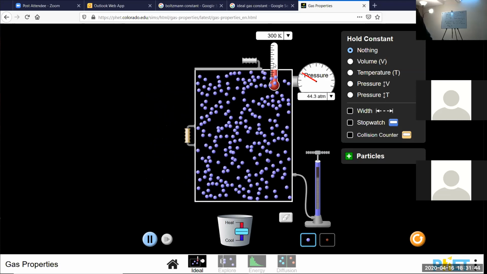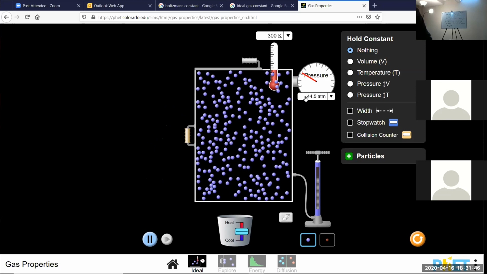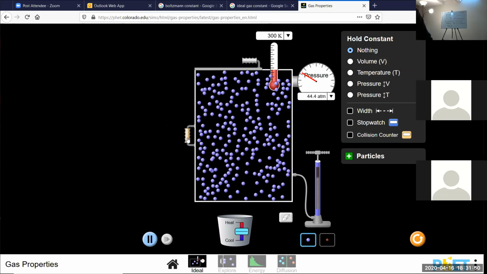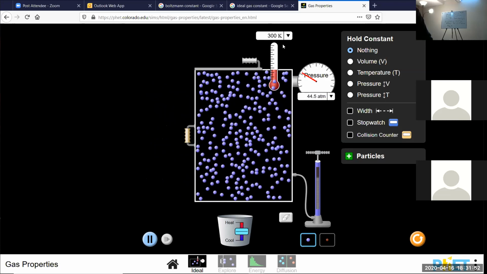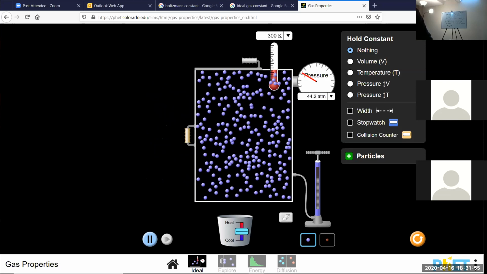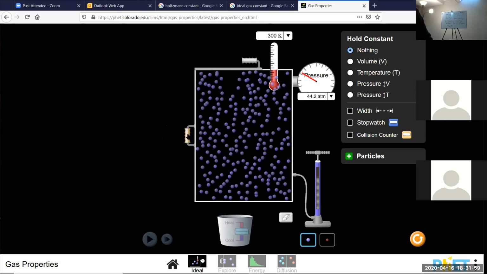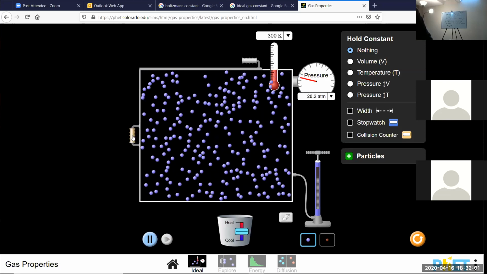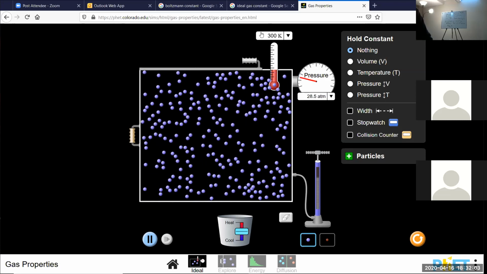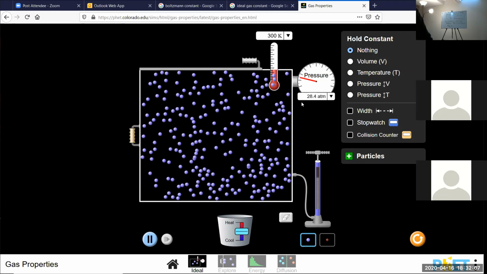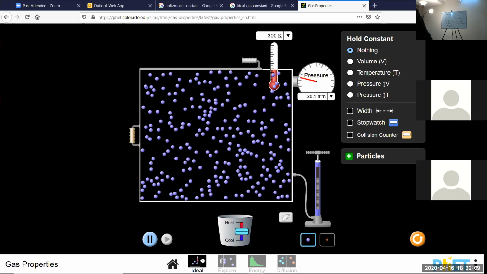In general, the total energy did not change because I had a higher pressure for my smaller volume, and the particles stayed at the same temperature. If I now allow it to expand, keeping the same temperature, I see my pressure again drops, right?